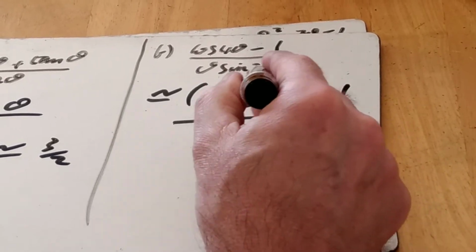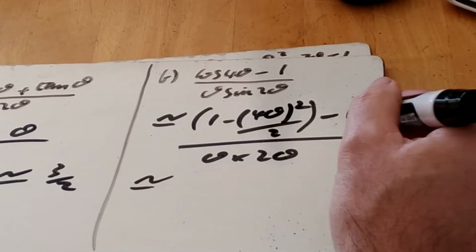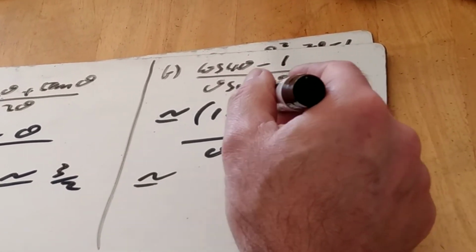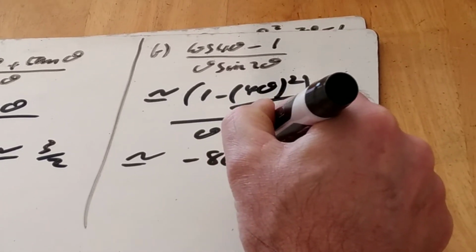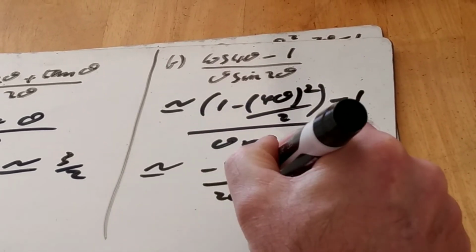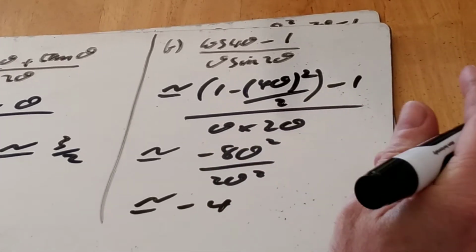Don't forget to square the 4 is basically what we're trying to say there. So this becomes 1 minus 1, takes care of itself, and then minus 4 theta all squared is 16 theta squared over 2, it's minus 8 theta squared all over 2 theta squared. So that is approximately equal to minus 4.